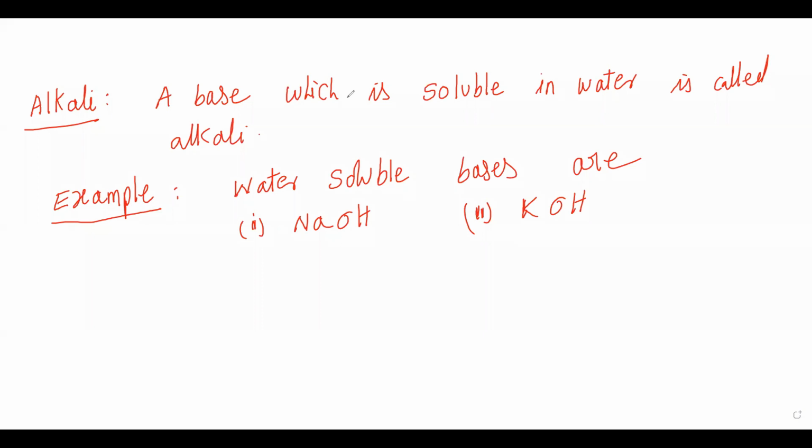What is the definition of alkali? A base which is soluble in water is called alkali. Let us take some examples of water soluble bases. Sodium hydroxide and potassium hydroxide are examples of water soluble bases.